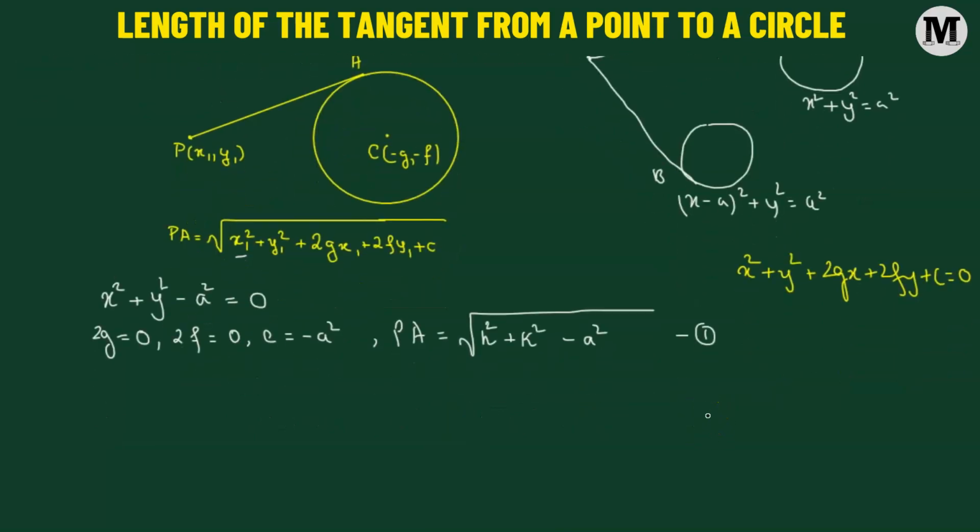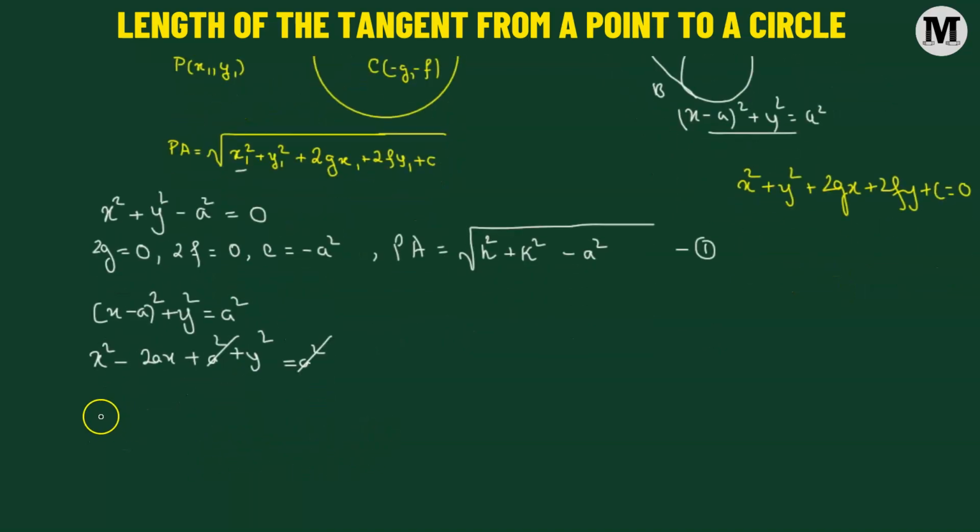Next, we'll try to find the length PB. Here we'll use this circle: (x minus a) whole squared plus y squared equals a squared. Expanding (x minus a) whole squared gives us x squared minus 2ax plus a squared plus y squared equals a squared. Here we can cancel out a squared from both sides, and that gives us x squared plus y squared minus 2ax equals 0. Now if we compare it with the general equation, we get 2g equal to negative 2a.